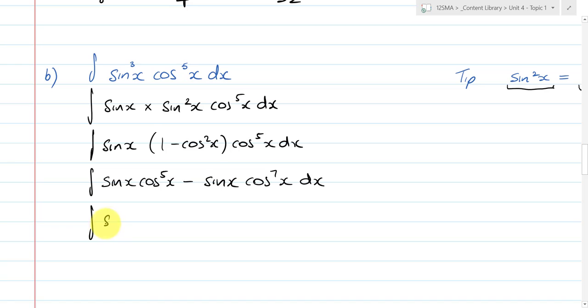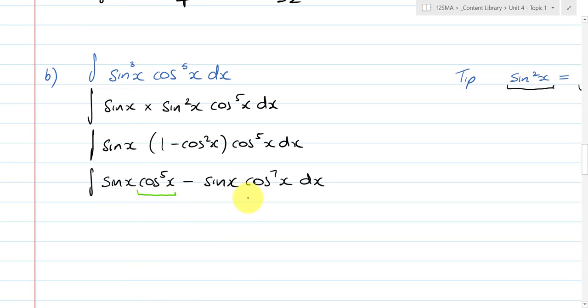So I'm going to write this down as the integral of sine x cos to the 5x dx minus the integral of sine x cos to the 7x dx. Okay, now I'm going to recognize here that, yeah, I've got two separate terms.